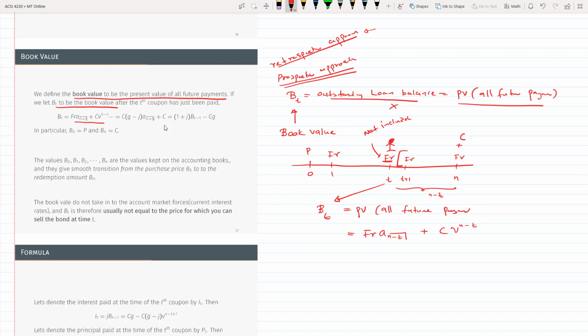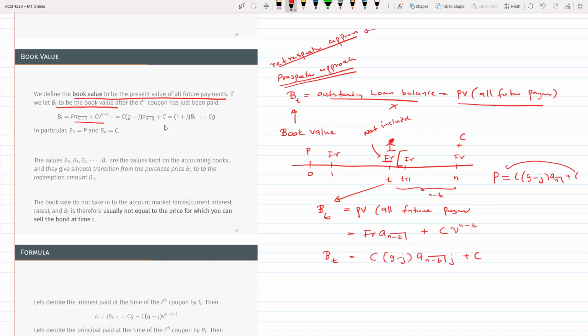Now, this one, if you remember the premium discount formula, you can write it as C times (g minus j) a_(n minus t) at rate j plus C. Remember the premium discount formula, it's P equals C times (g minus j) a_n plus C v^n.